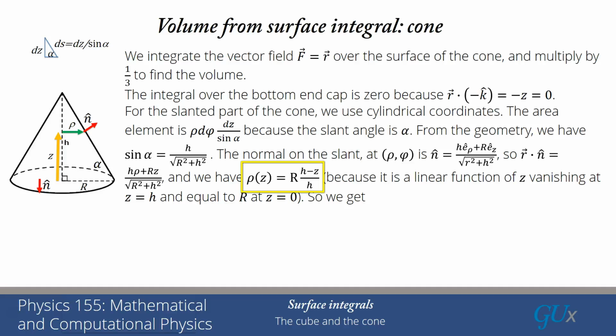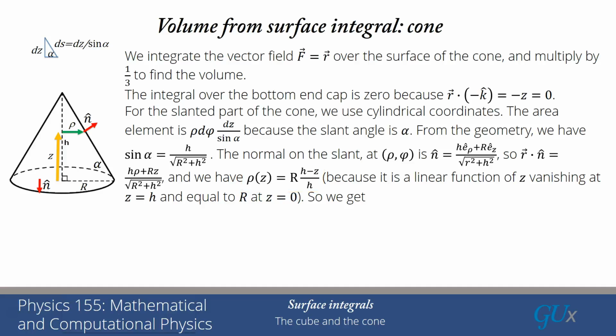So when z is equal to h, rho is equal to 0. When z is equal to 0, rho is equal to R, and it's a linear function, so I can just construct it. Rho of z is equal to R times h minus z divided by h, and you can easily verify for yourself that that is a linear function that vanishes when z equals h and is equal to big R when z is equal to 0.